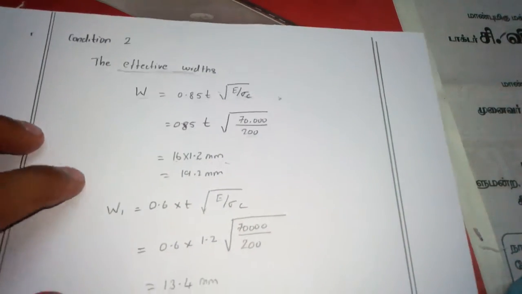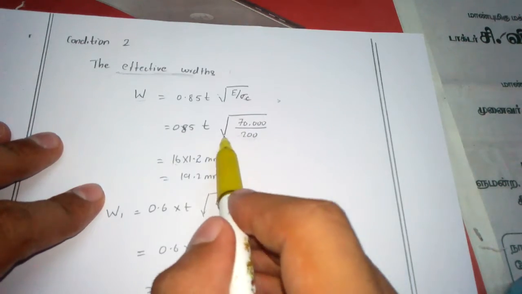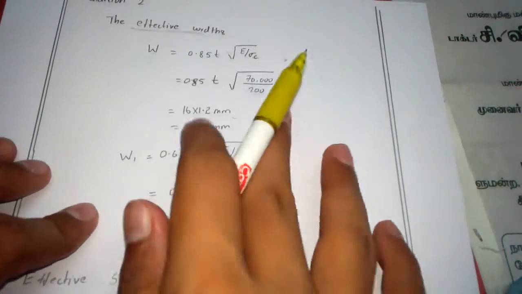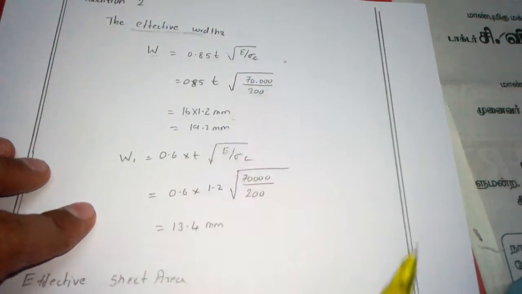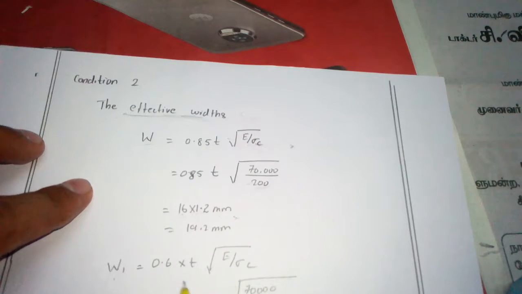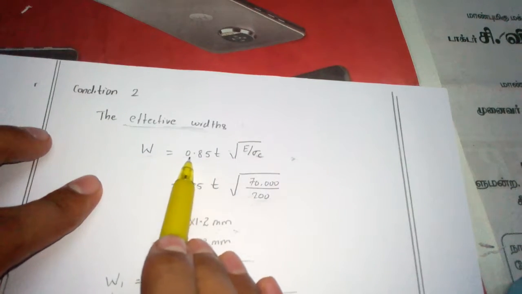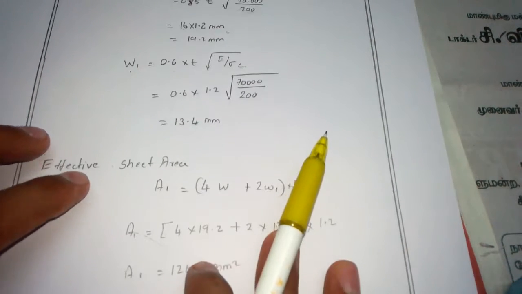So sigma C they gave for the second condition is 200. If we substitute here, we get 16 into 1.2 mm. So for W1, the rest will be the same: thickness, E by sigma C. Here 0.85, and here 0.6 will be there for the formula.